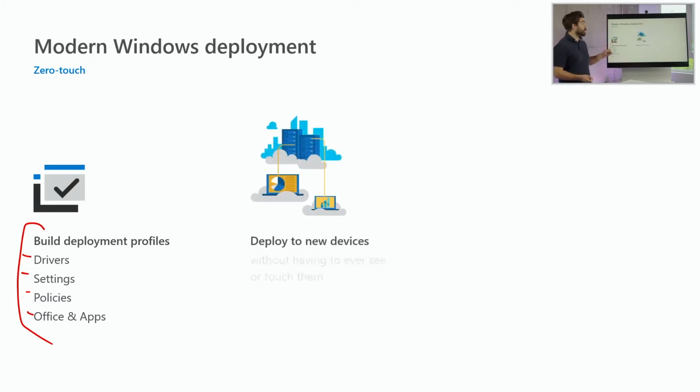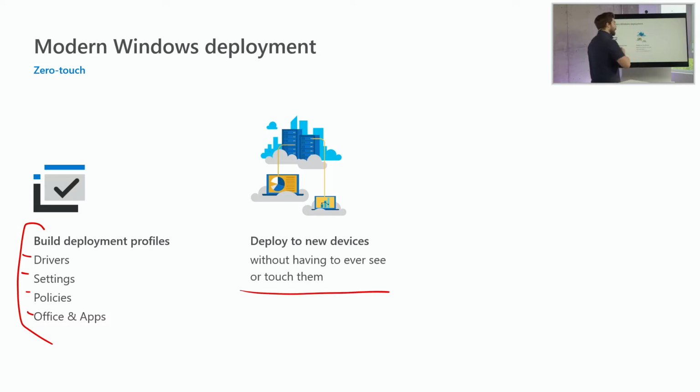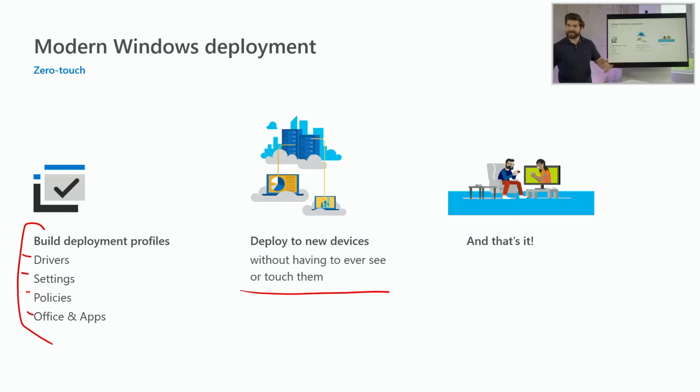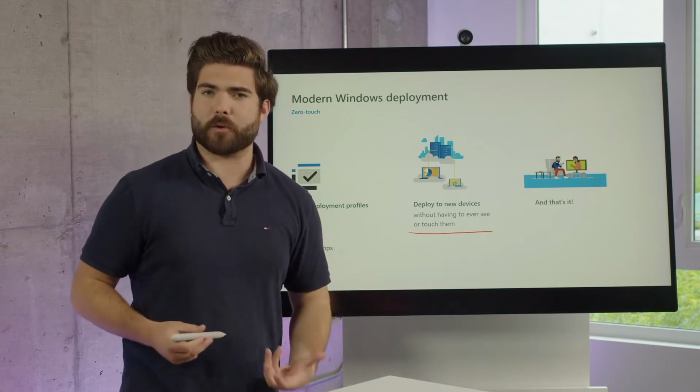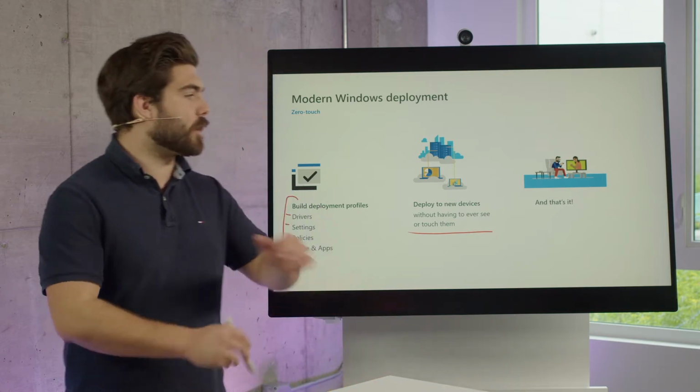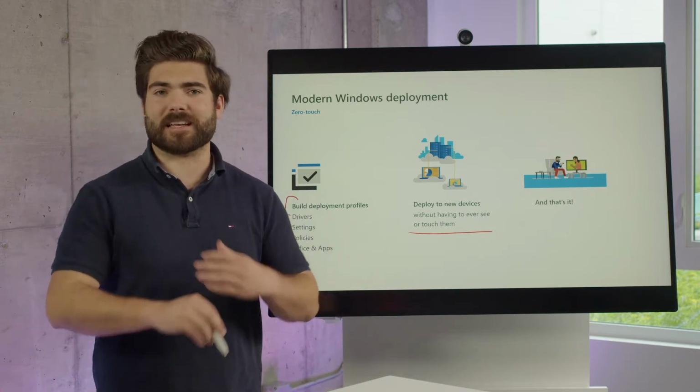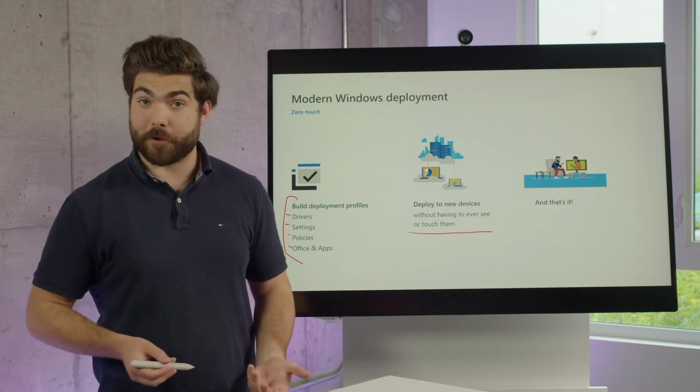But this time around, it can be deployed to every single new device within the organization via the cloud without anybody except the end user ever having to have physical hands on the device. And then, that's it. There's not even an 'and then.' That's as simple as it gets. These deployment profiles are created and uploaded to each device via the cloud, and then the end user gets their hands on it and deploys it from home themselves.